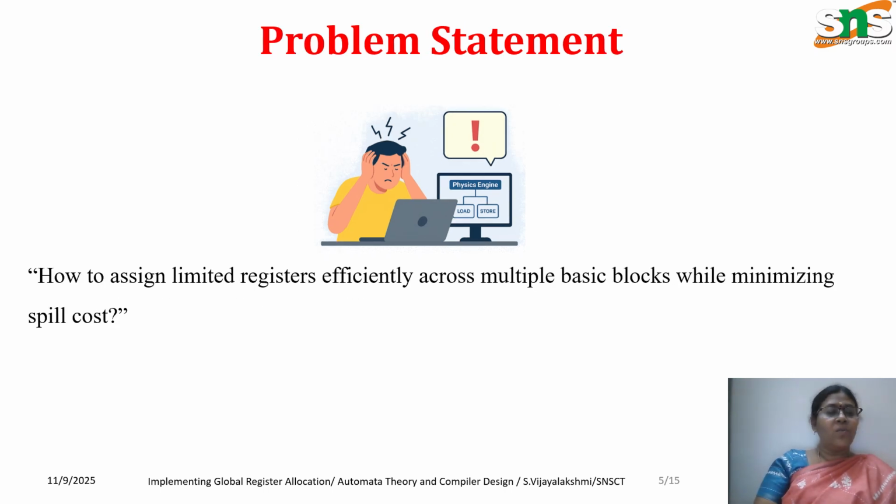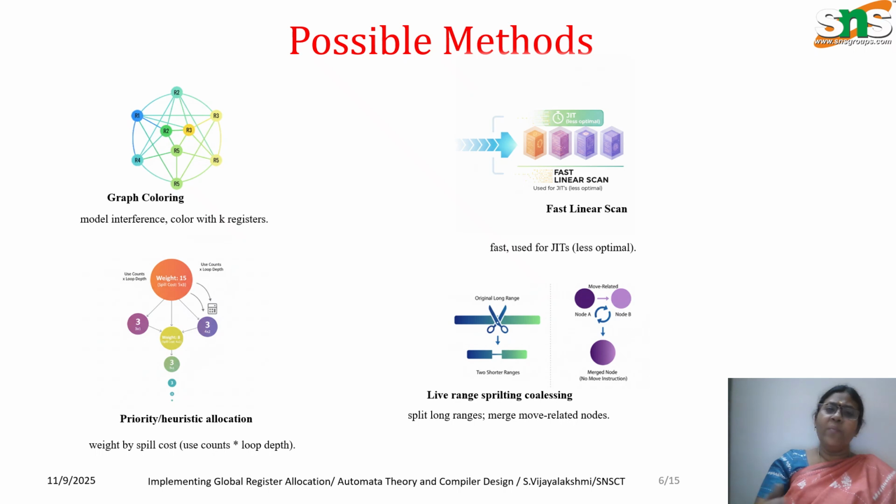So the question is how the compiler allocates the registers efficiently across the whole program, ensuring variables that live at the same time do not share a register. There are many possible methods: graph coloring, linear scan, heuristic allocation, live range splitting, and coalescing.